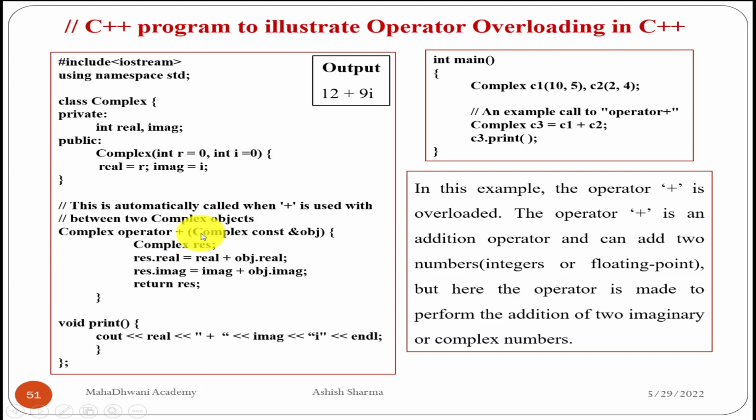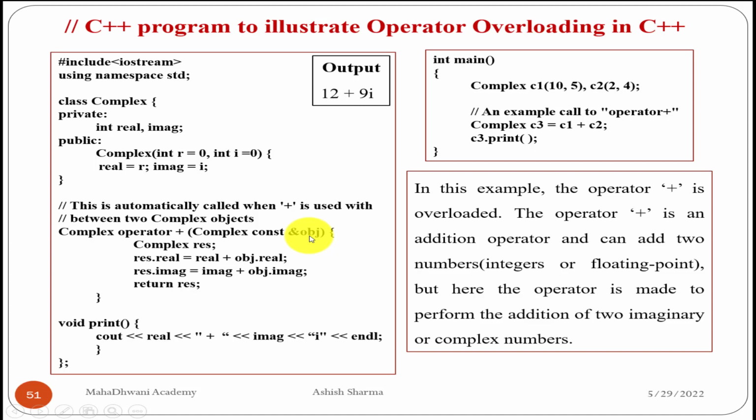Then inside the argument you see the type, a reference to the object of type Complex, so this is the class type. After that, the const keyword. The const keyword is used to fix the values, that's why we are using it here. And the ampersand obj is the reference to the members of the existing class.